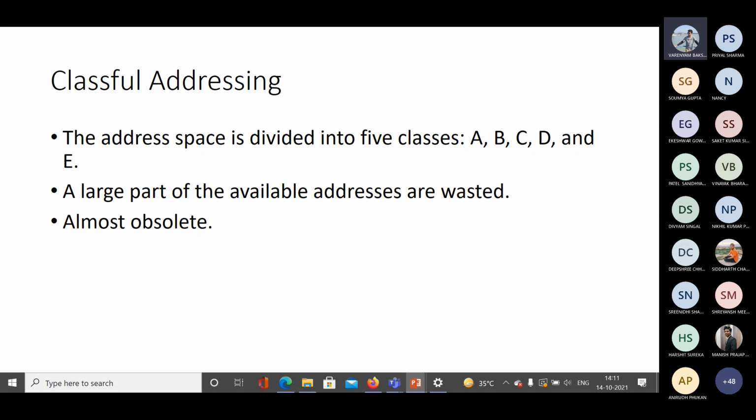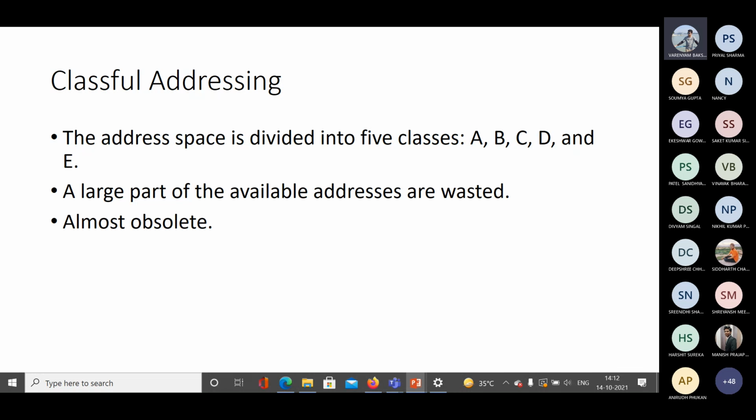We need to give chunks of addresses to different organizations, and then identify which organization gets which IP. So there are two ways of addressing these hosts: one is known as classful addressing, and another is known as classless addressing.